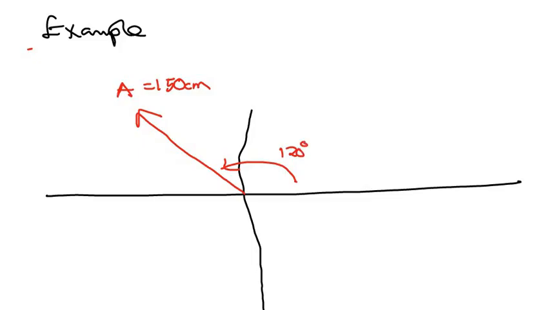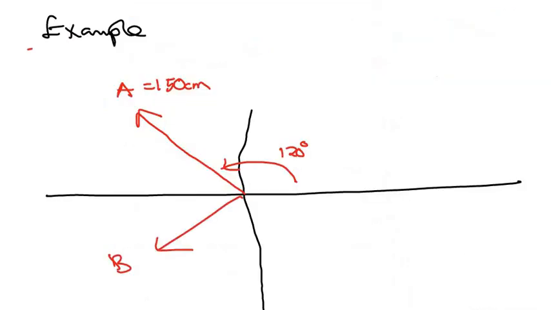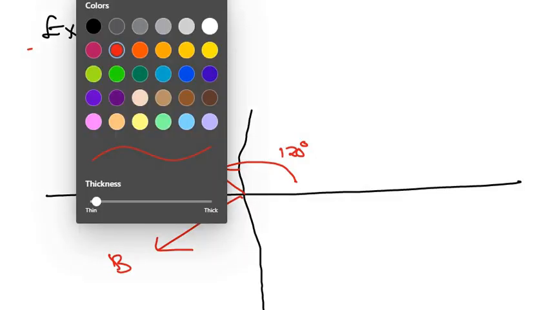Then they're saying there's another vector B, but we don't know where it is. There's a vector somewhere here. We don't know where it is, B, such that when we add A and B, we get the following. They're saying the resultant displacement has a magnitude of 140 and its angle is 35 with respect to the positive x-axis. So the final answer that we're looking for when we add A and B is actually here.